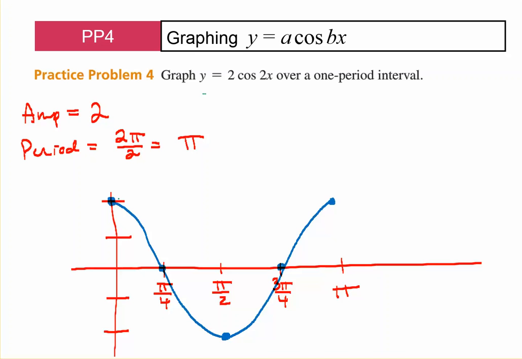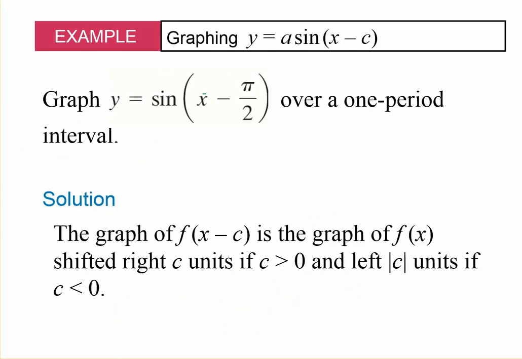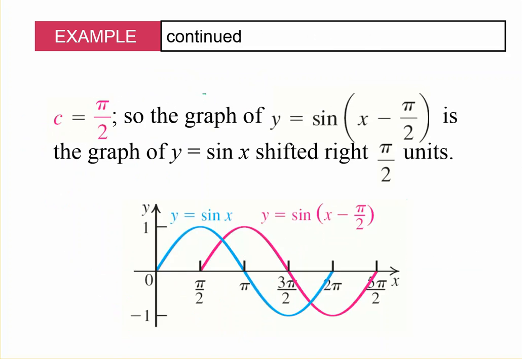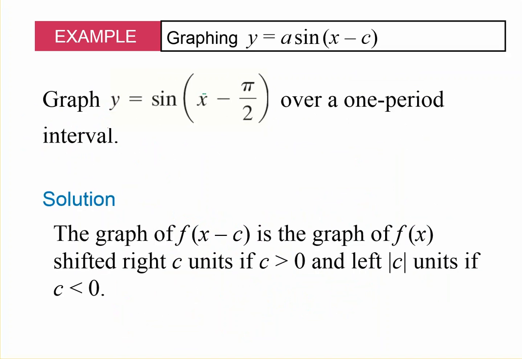All right, let's go from there. Let me just check something. Don't need to graph it here, but what happens if you have something in here? Well, we think we know from transformations.